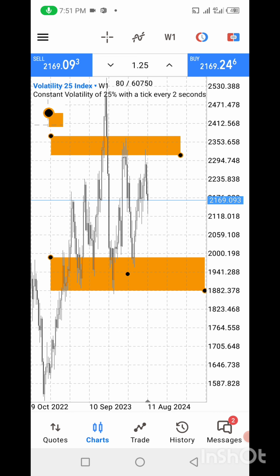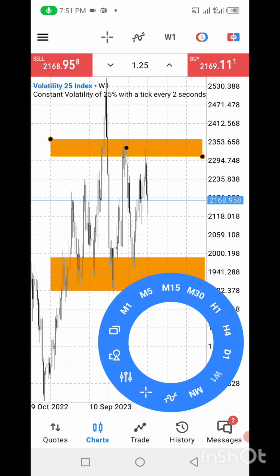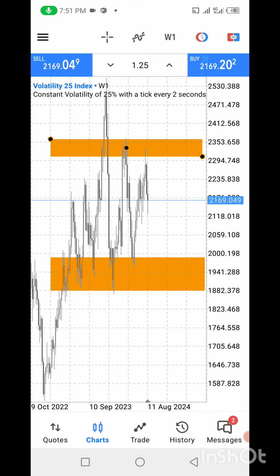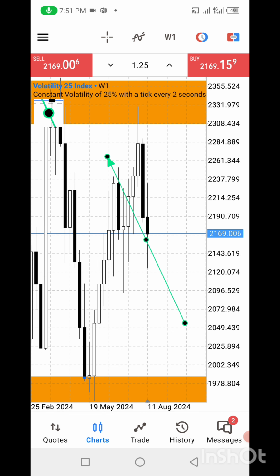This is our resistance level. Meaning that if price reacts to this resistance level, there is a probability that price will drop, and that is what happened in the week. There was a rejection from this zone, and the next week opened bearish and price started dropping.